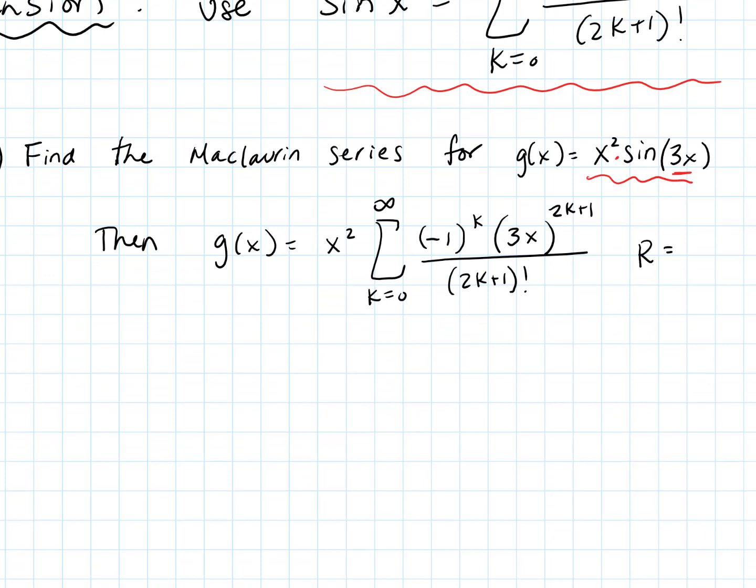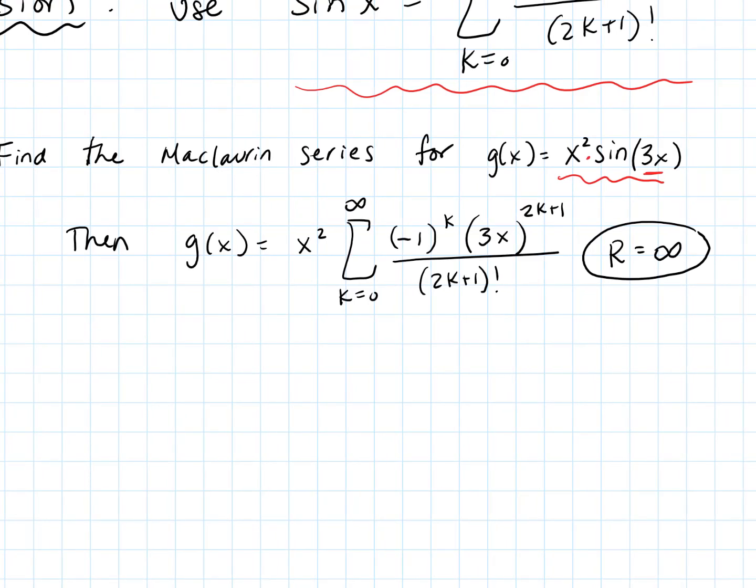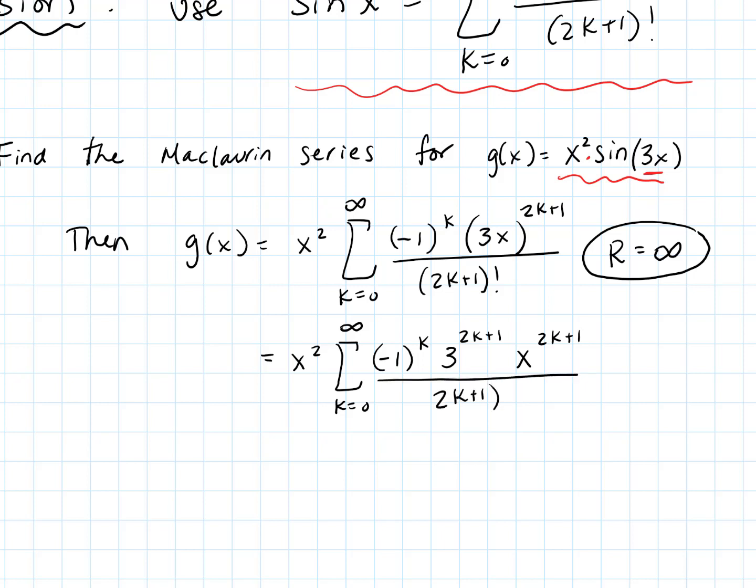And this is going to be true. Remember, that had a radius of infinity. So making these substitutions in that product is still going to continue to have a radius of infinity. And so then we could come in here and just say this is x squared times the sum from k equals 0 to infinity of (-1)^k 3^(2k+1) x^(2k+1) over (2k+1) factorial, and then we could bring in this x squared and increase the power on each of those terms with x by 2.